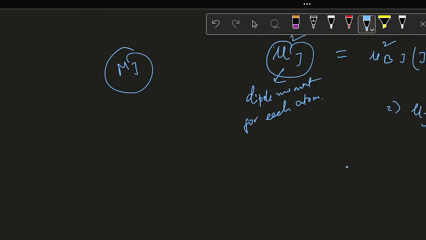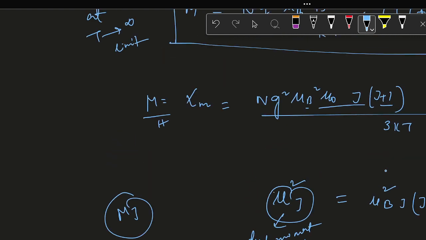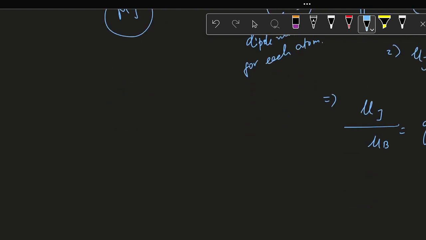So this is your count. I told you that the effective count is basically the net average moment that you get, divided by your Bohr magneton mu_B. Sorry, I missed out one g factor, so g is also included in this moment relation. Okay, so g squared should be here. So this is g times root over J(J+1).